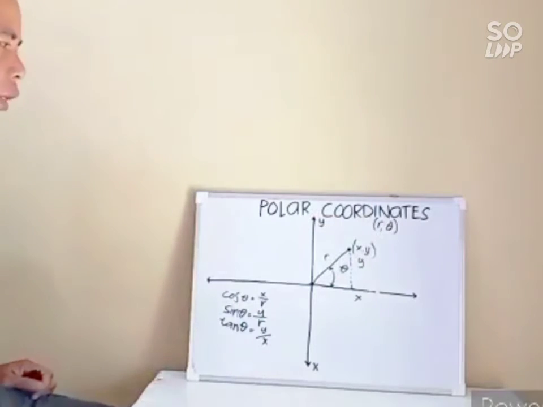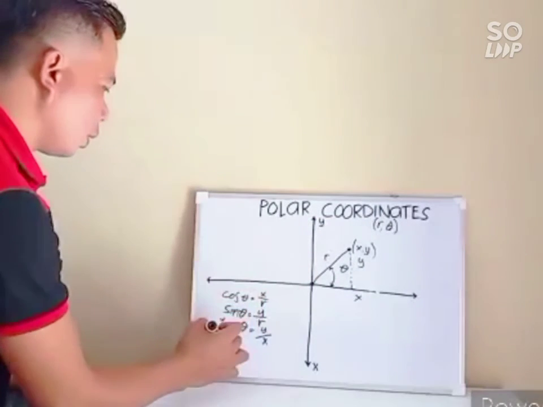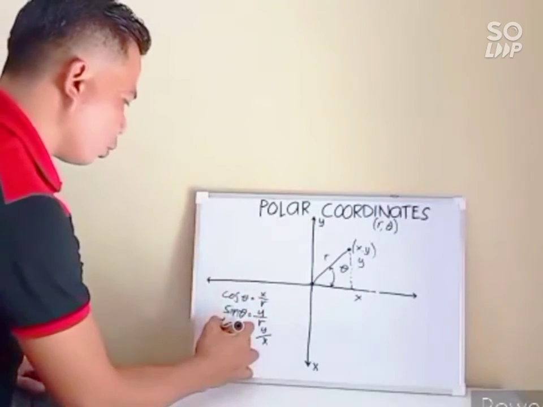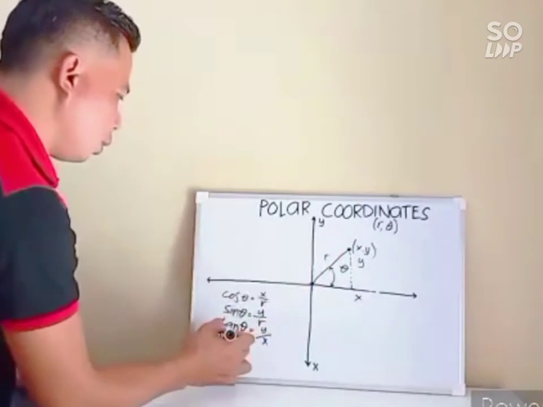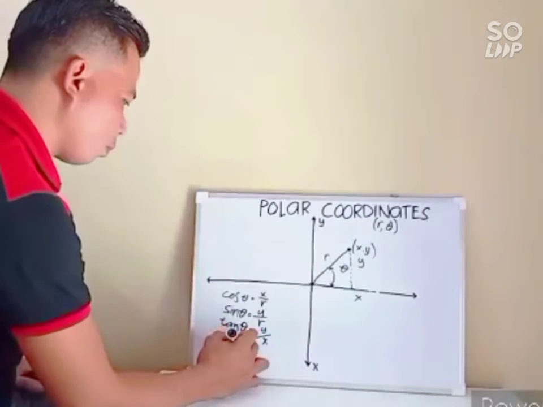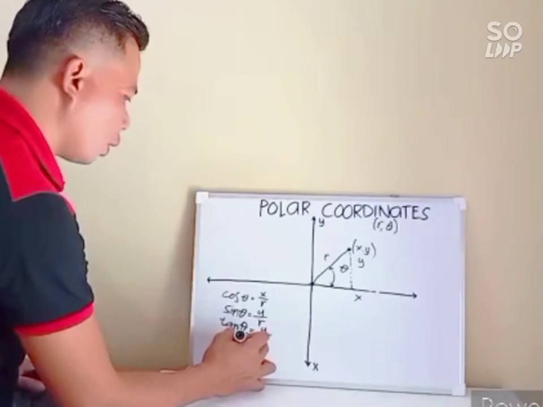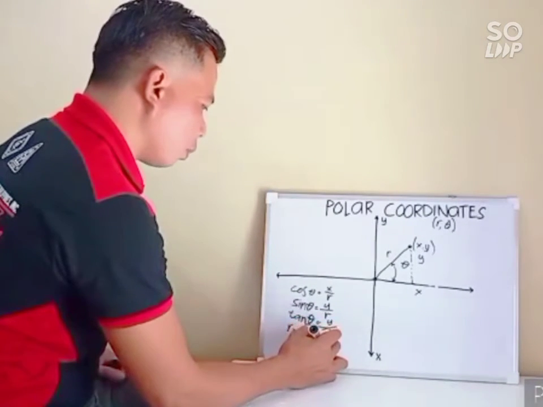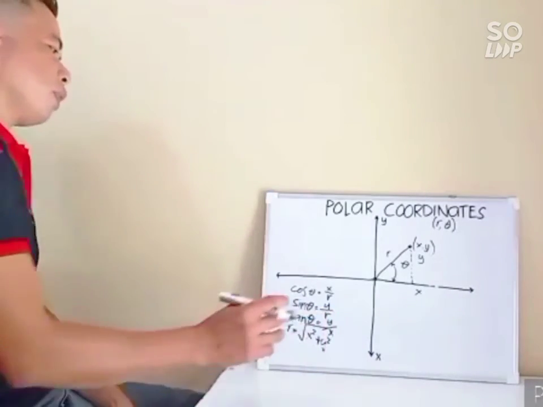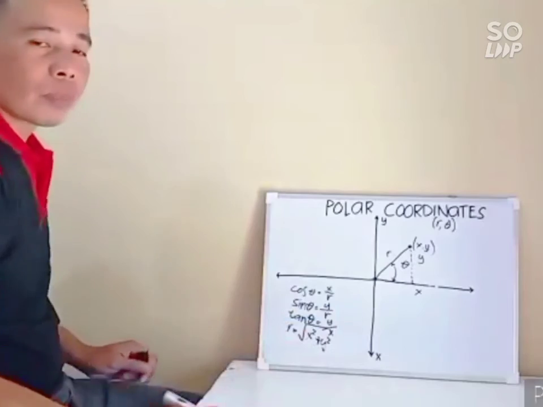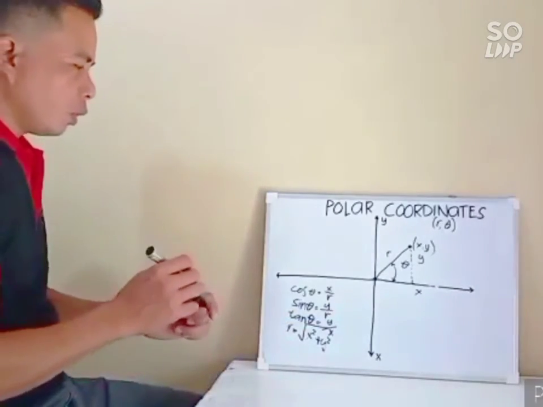Still, there's another way to find a relationship. We could say that our r is equal to the square root of x squared plus y squared, using the Pythagorean theorem. So we have an example.